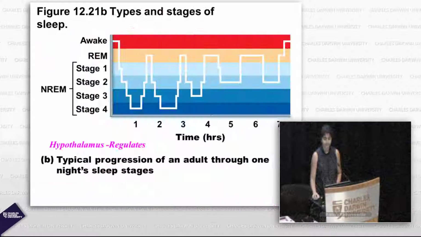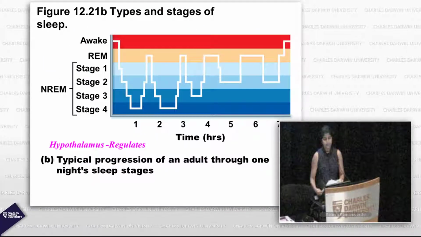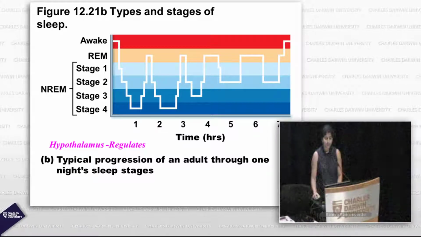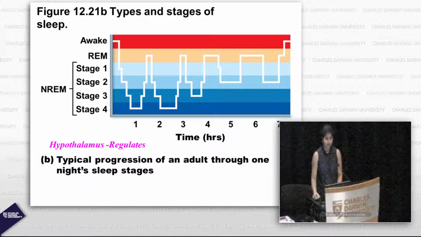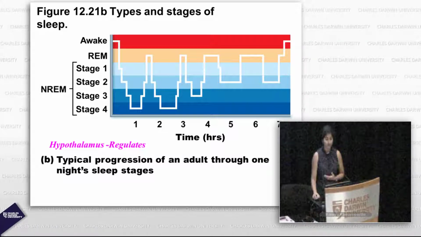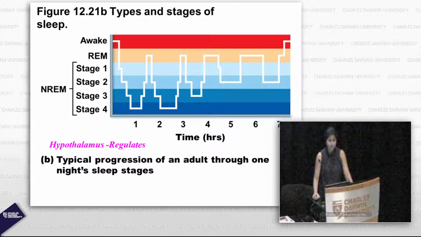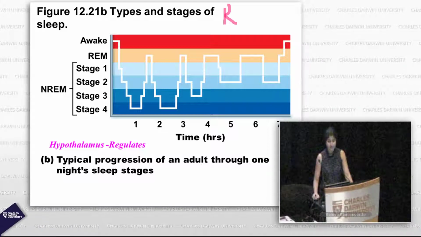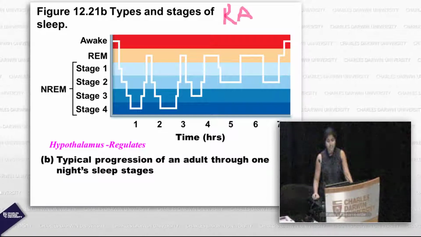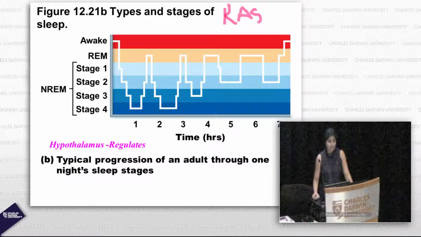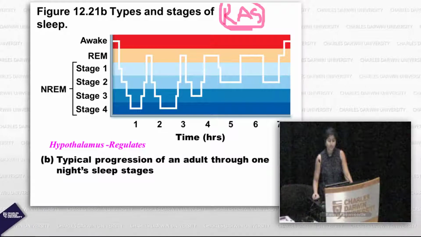Okay. So normally, as I told you before, there are alternate cycles of rapid eye movement and non-rapid eye movement happening throughout your sleep cycle. Your reticular activating system has to be inhibited for sleep to happen. But again, your reticular activating system also mediates the actual sleep.